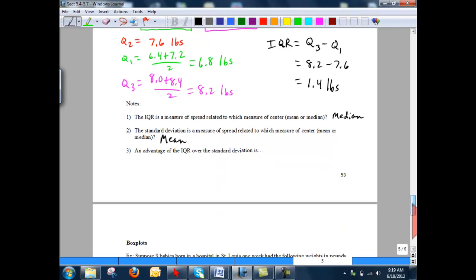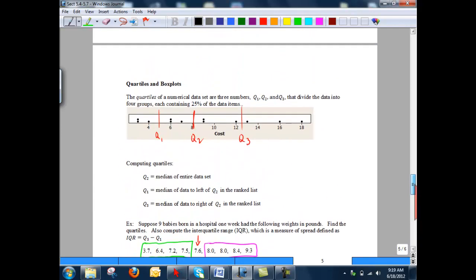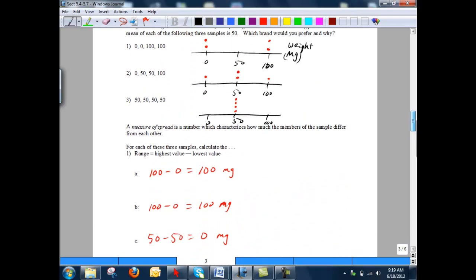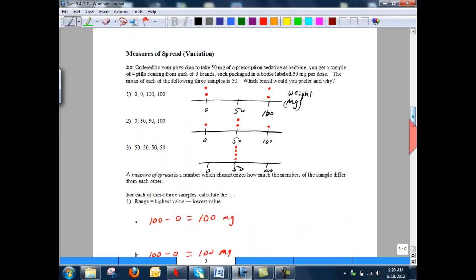Why would I want to use the IQR instead of the standard deviation? Think about outliers again. Back here in the standard deviation example, suppose I found this awful pill in one of the bottles that turned out to be 5,000 milligrams or something, probably a fatal dose of this stuff.